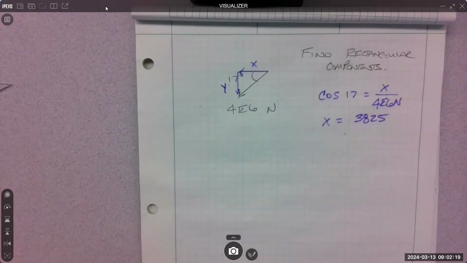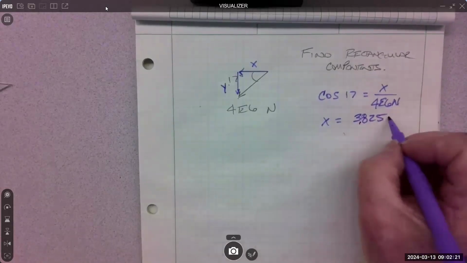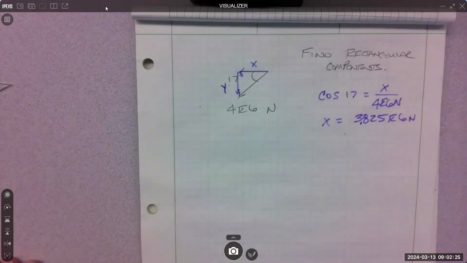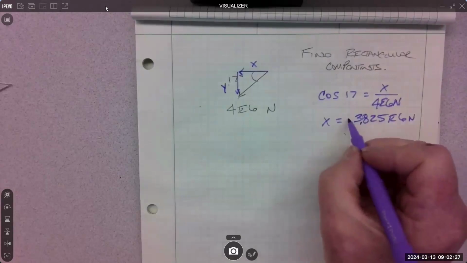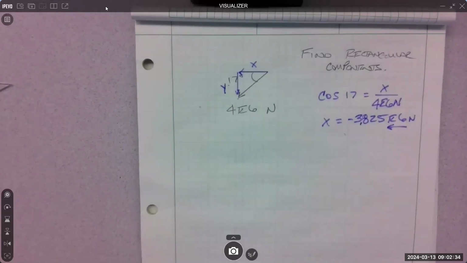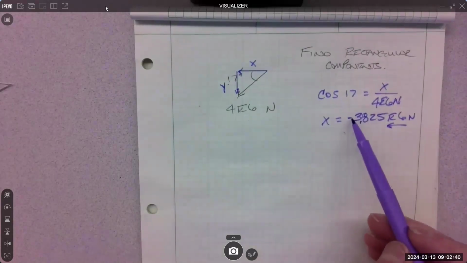Is it 3 point... Yeah. 3.8E6 newtons. Positive or negative? Negative. It's negative, pointing in that direction, because we don't really work with negative forces. We just work with forces in a negative direction. So to indicate that, we use a negative symbol.